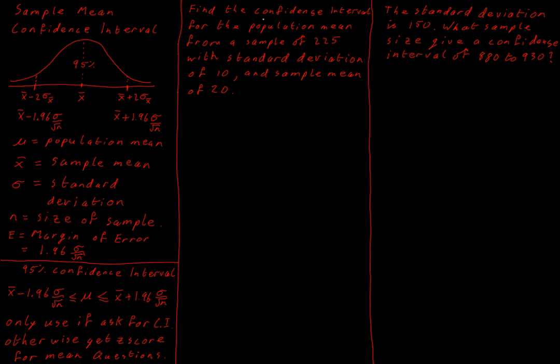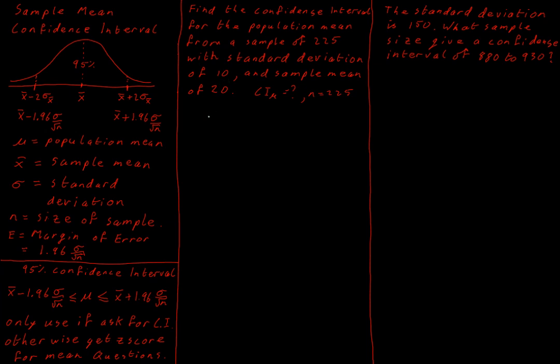Now, we start scanning through here. We're looking for the confidence interval for the population. We can write that in to remind us that's what we're looking for. From a sample of 225, with a standard deviation of 10.